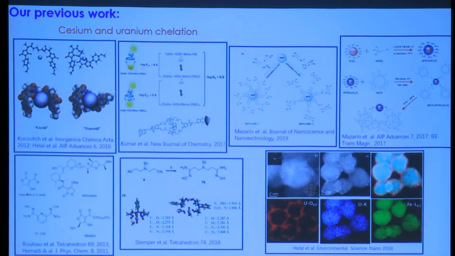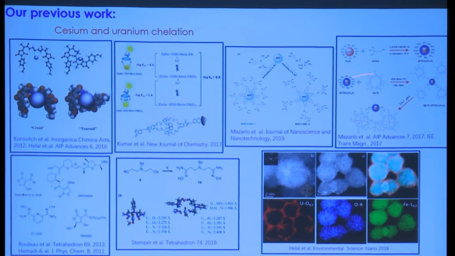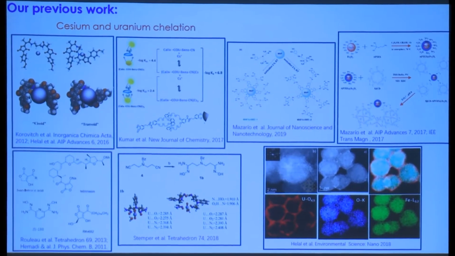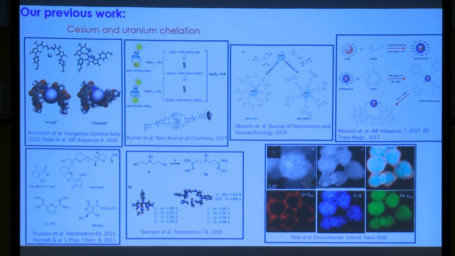Previously in the lab, we developed different approaches, materials and molecules able to chelate, for example, cesium and uranium. We made organic molecules, different kinds of ligands, modified nanomaterials, using cyclodextrin, and so on. The systems work, but the main drawback is that they are very expensive.